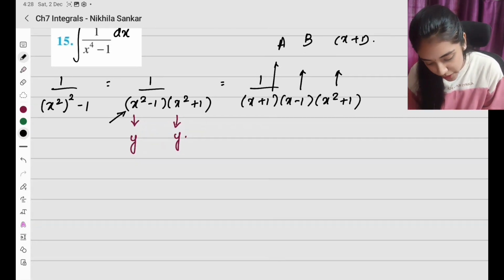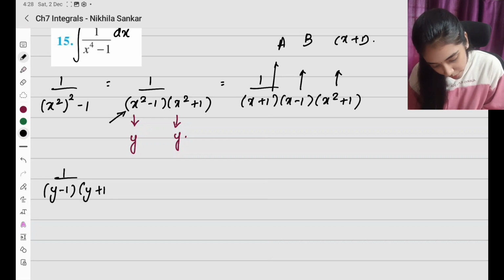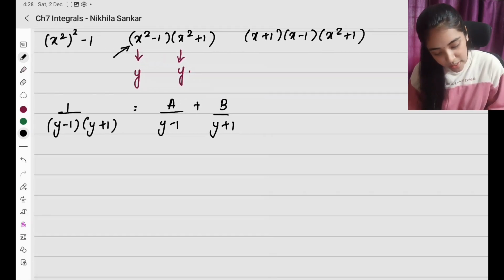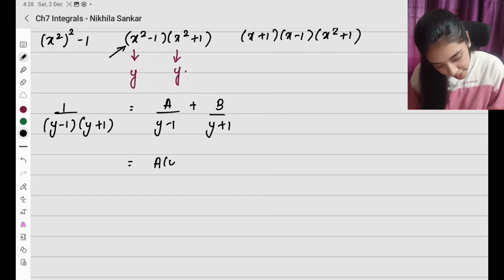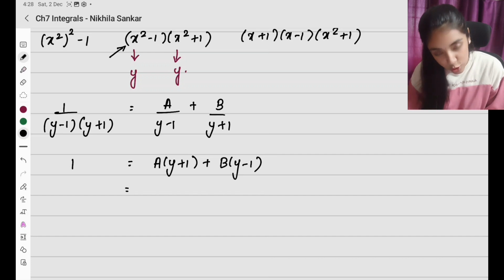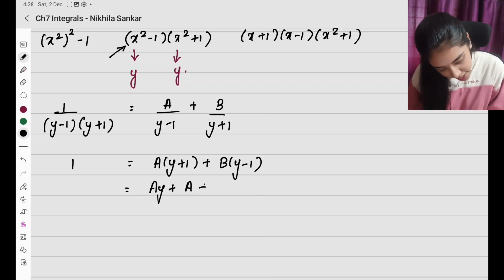Now what am I going to do? How does my integral change? 1 by y minus 1 times y plus 1. Now a divided by y minus 1 plus b divided by y plus 1. When I take the LCM, a times y plus 1 plus b times y minus 1 divided by the denominator equals 1. Since the denominators are equal, I can equate the numerator. So ay plus a plus by minus b equals 1.